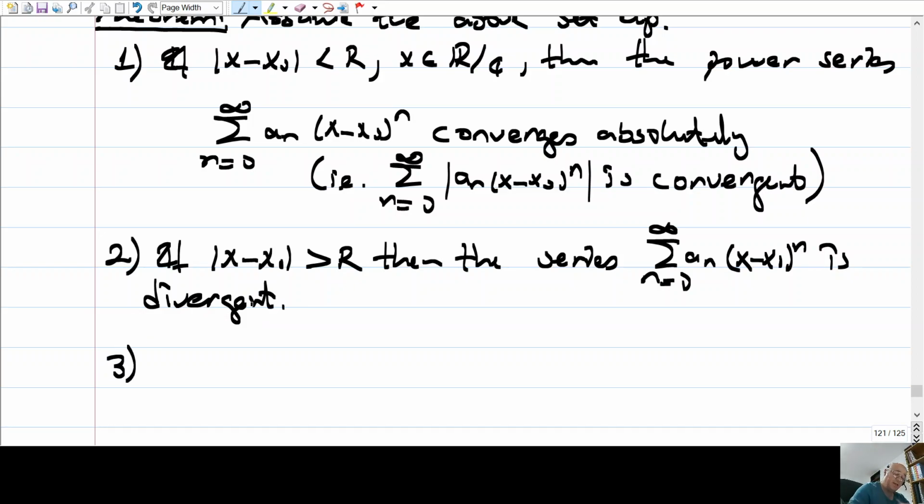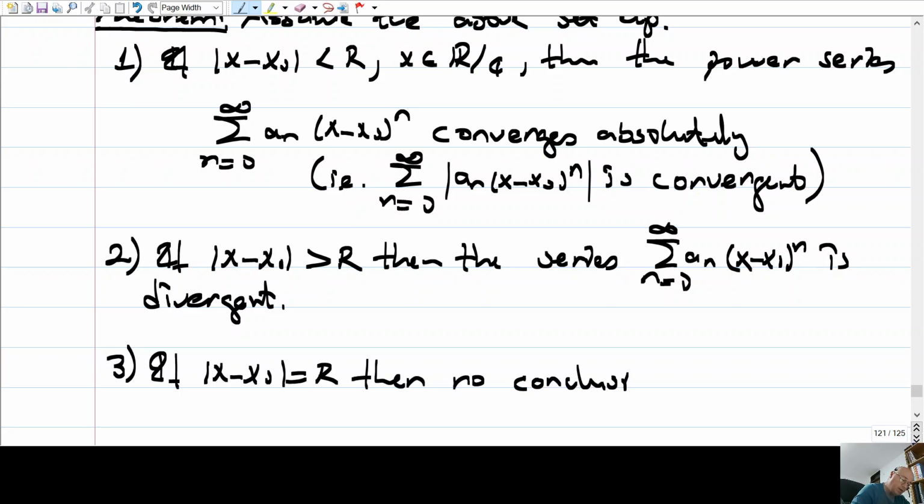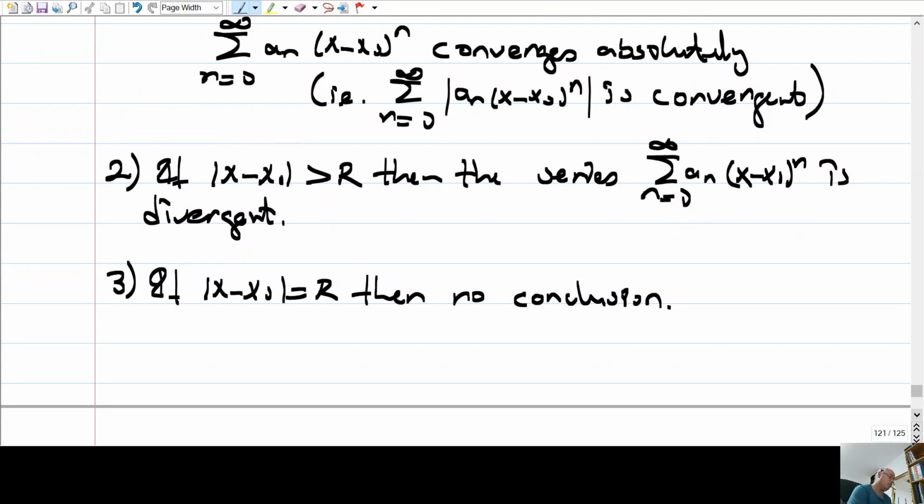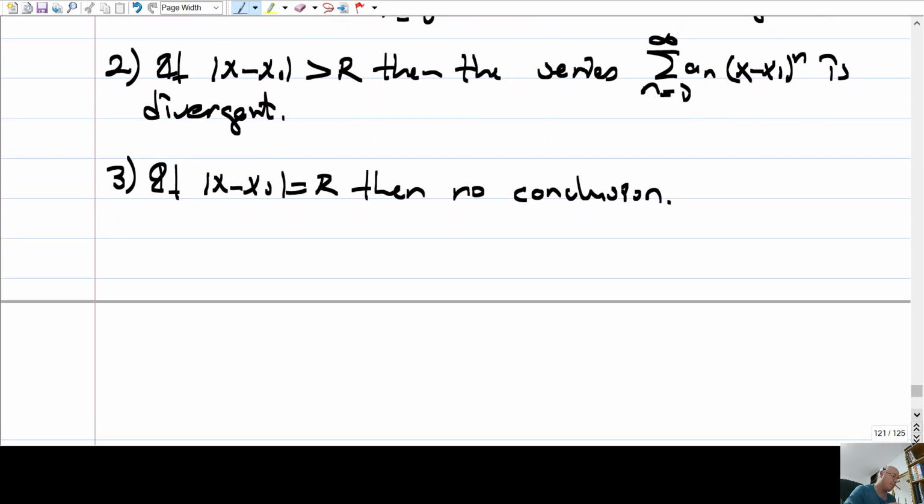And in case it's equal to R, then no conclusion. It means it may or may not converge. Sometimes it converges, sometimes it doesn't. So let's do one example.